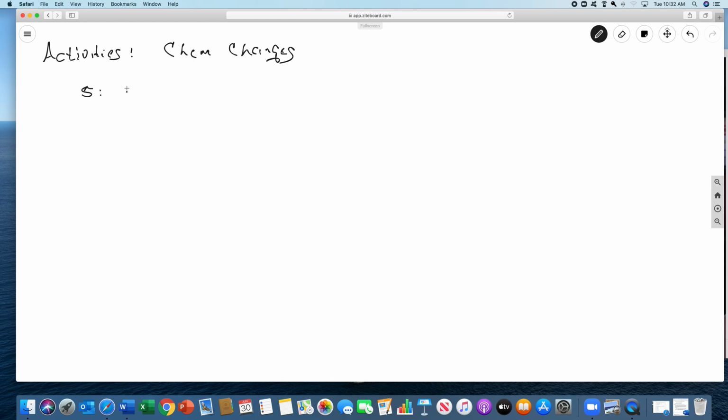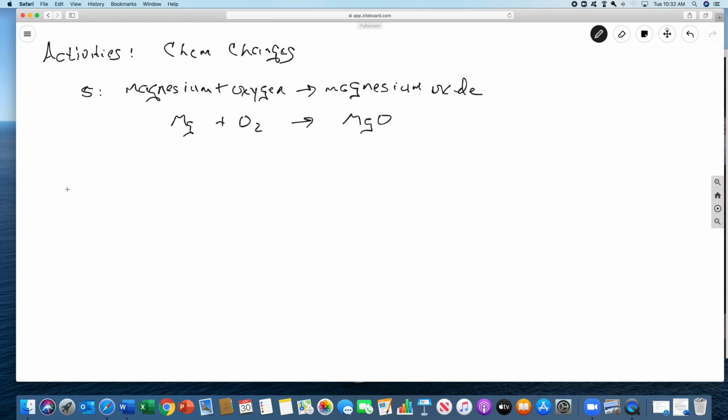So you're told it's magnesium plus oxygen, right? I'm burning magnesium in that video. Makes magnesium oxide. So we haven't done naming, so I'm going to give you the formulas, and you can balance them on your own. So make sure you write these as balanced when you fill in the data sheet.